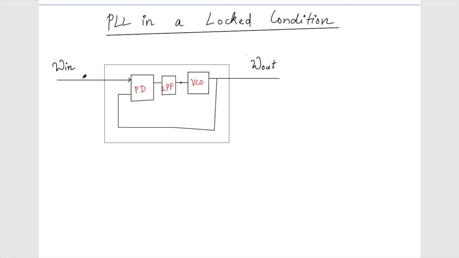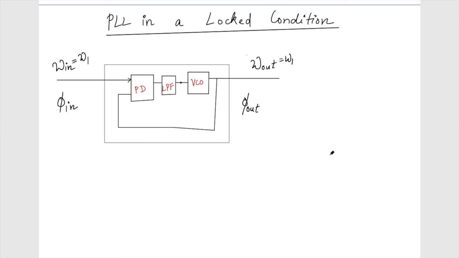Let's say omega in is equal to omega 1, and we want, in a lock condition, omega out to also be equal to omega 1. And of course, let's call these phi in and phi out. So this is the scenario.